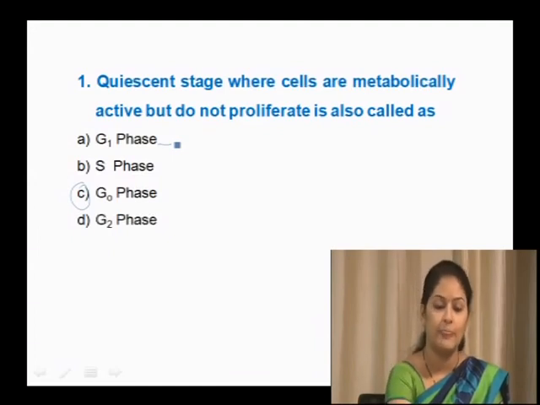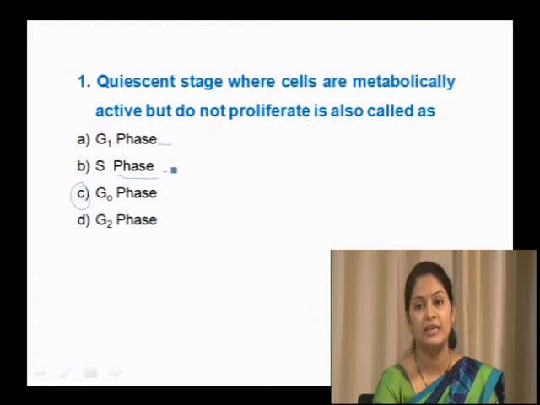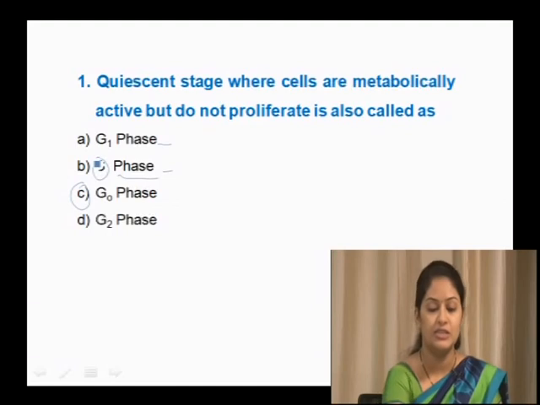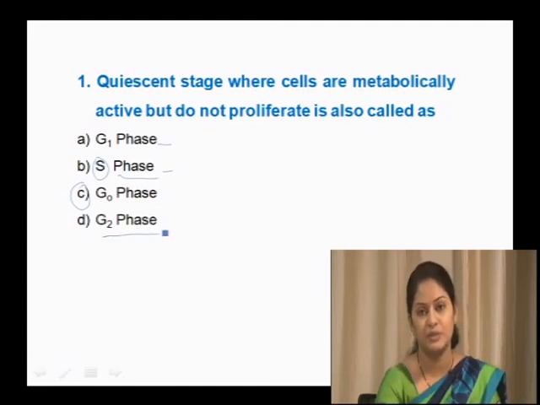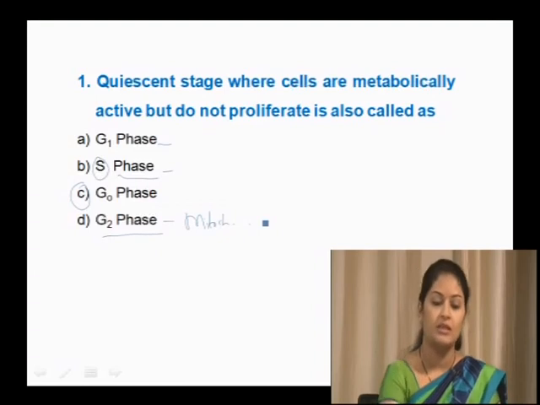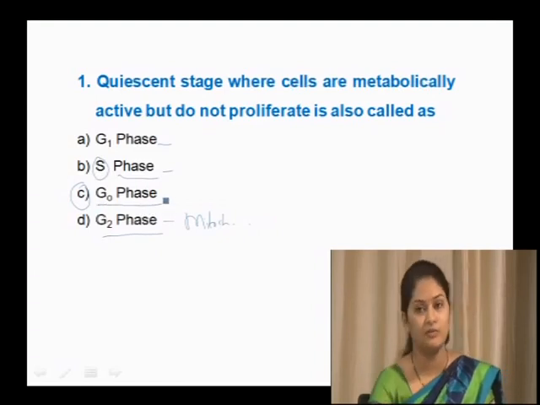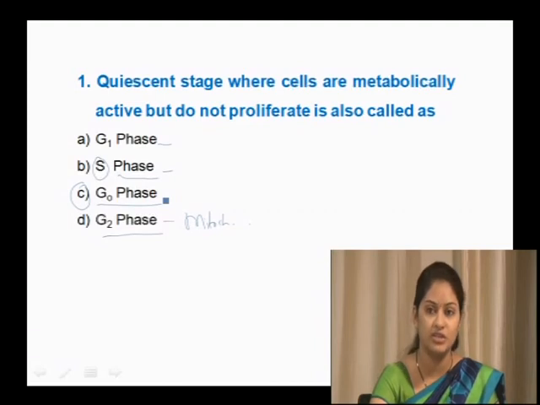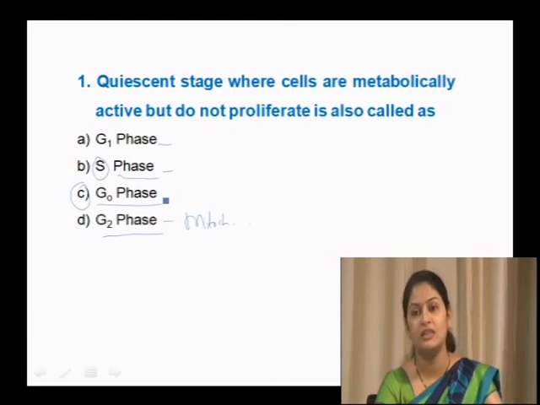S phase is a stage during which DNA doubling occurs, therefore it is rightly referred to as the synthetic phase. G2 phase is the last stage of interphase where the cell organelles, for example mitochondria, will divide and their number will double. Therefore, the answer is G0 phase, where the cells are in a non-dividing stage. You can call them differentiated cells, or permanent tissues like parenchyma are in this stage. So, answer is C.